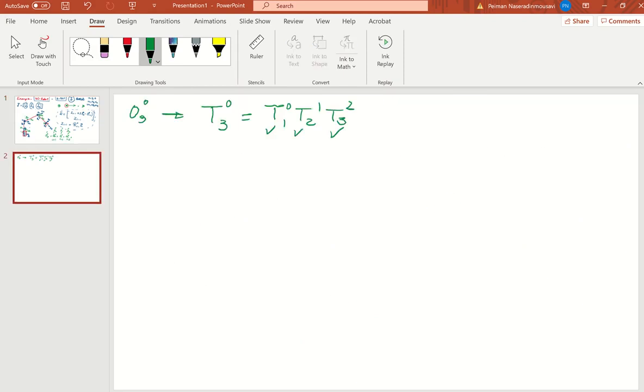Let me go one by one for the 3D robot. So first you have to find T1 with respect to 0, coordinate system 1 with respect to 0. As I taught you previously, it is a 4 by 4 matrix. Here we go. 0, 0, 0, 1.